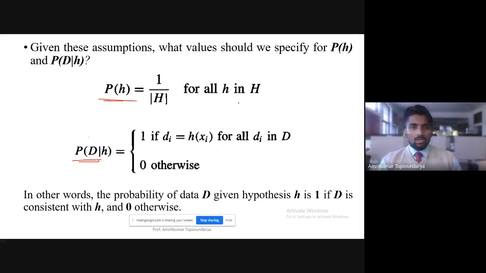So P of H is simply the ratio of 1 to the absolute value of the hypothesis space, that is capital H. So that becomes our probability of the hypothesis. Can anybody tell me what this P of H is?